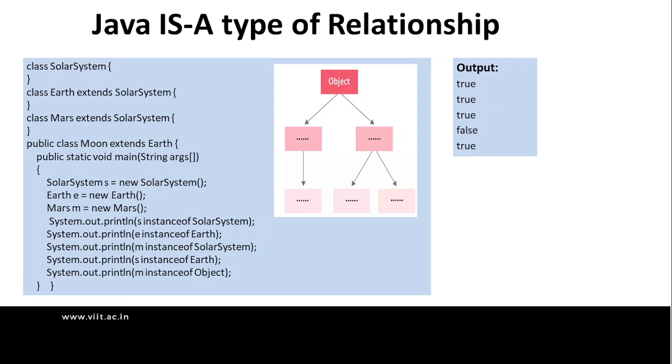Let us check: public static void main, Solar s equal to new Solar, Earth e equal to new Earth, Mars m equal to new Mars, and check System.out.println s instanceof Solar. We check whether s is an instance of Solar system.